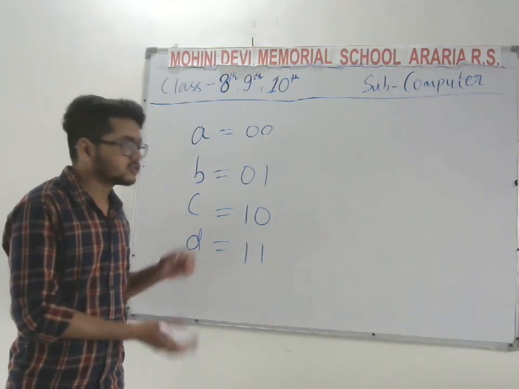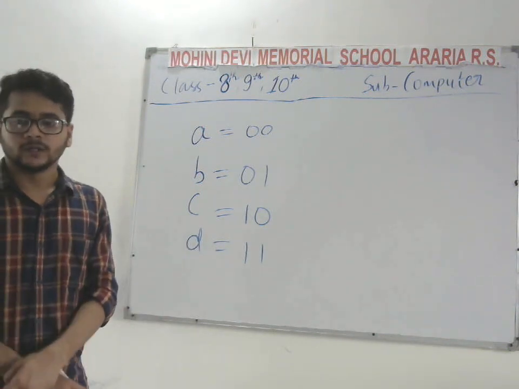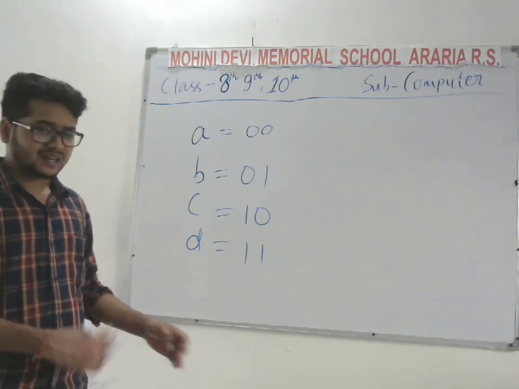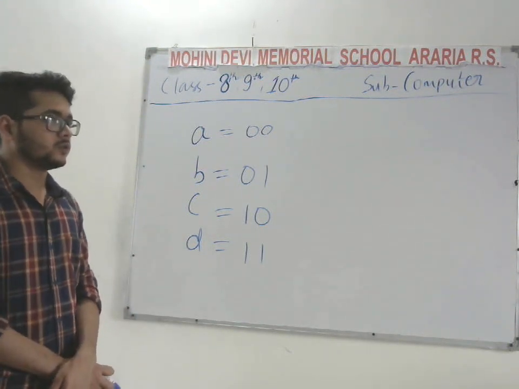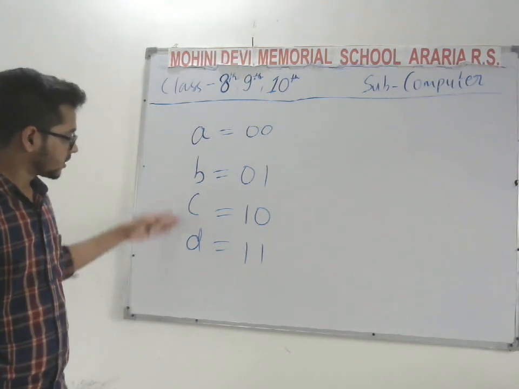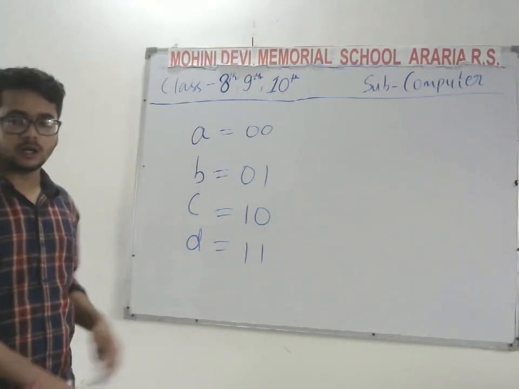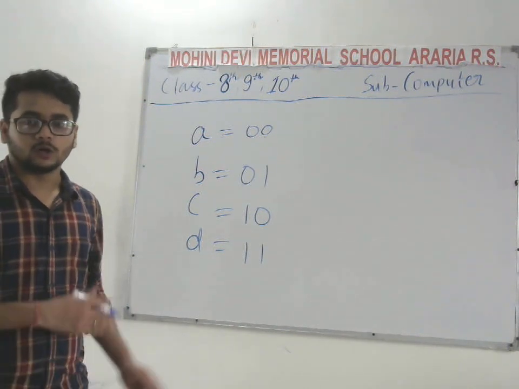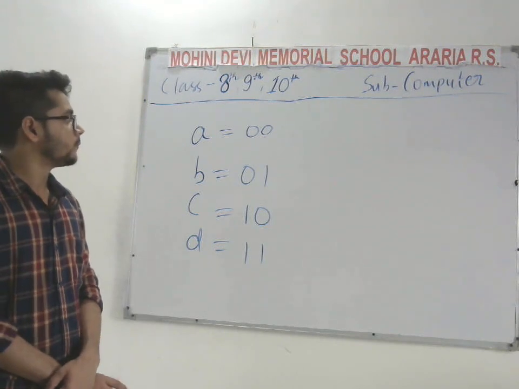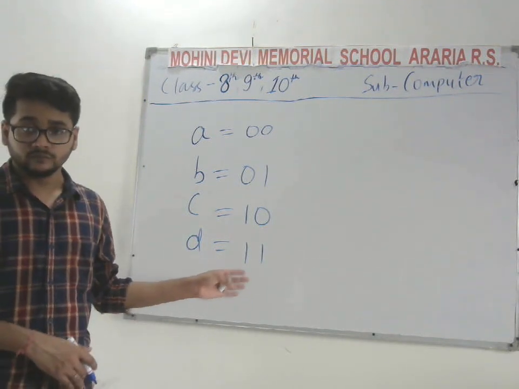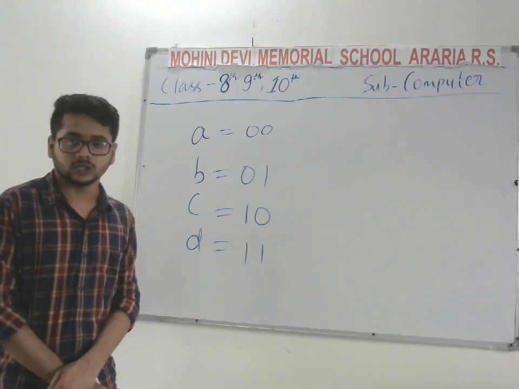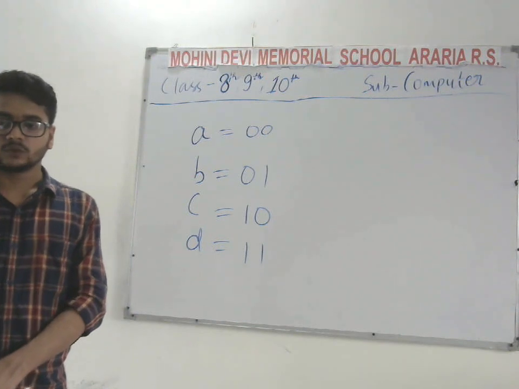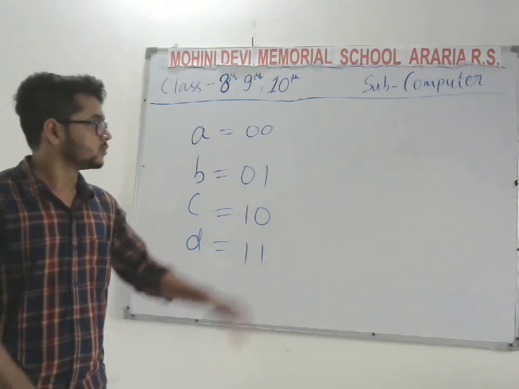Using this concept, we can represent all the 26 alphabets that we have, and it will take some amount of data. There are 26 lowercase alphabets, and we also have uppercase alphabets from A to Z. Those 26 uppercase and 26 lowercase make 52, and then we have 10 digits from 0 to 9.